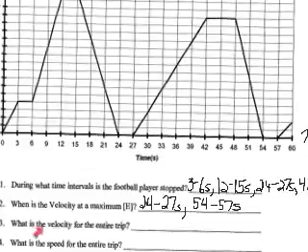Now it asks, what is the velocity for the entire trip? Now, we're not too sure yet, so we're going to have to figure that out using the information that's placed before us. If we remember from our formulas at the beginning, when we're talking about velocity, we talk about change in distance. And here we have to talk about the entire trip.